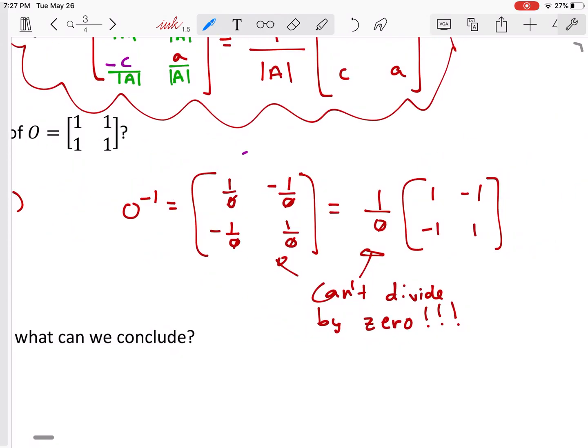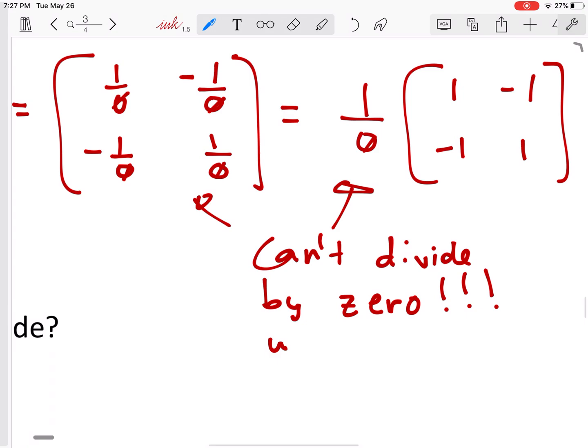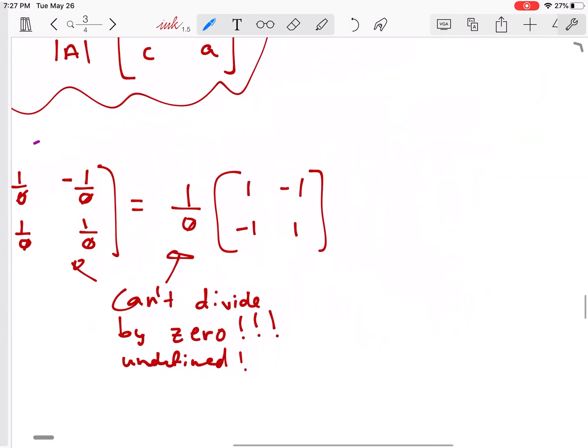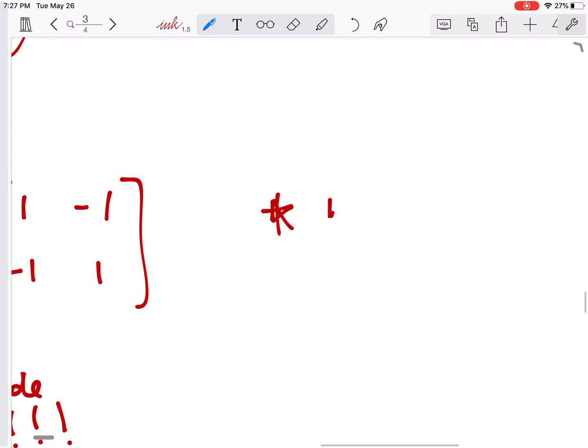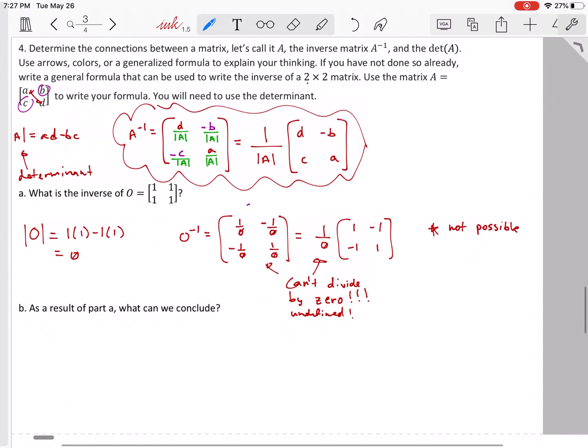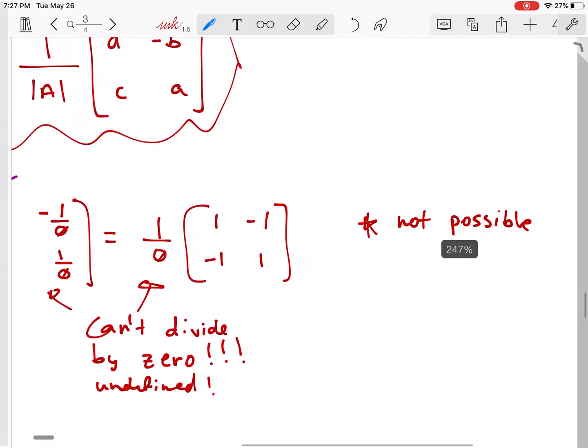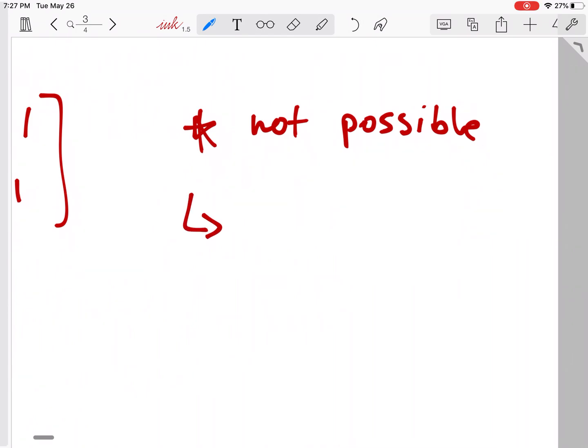It was undefined when we worked with polynomials. So in this case, this is not possible. So what does that mean about the inverse of this matrix? Well, it doesn't exist. There is no inverse for matrix O.